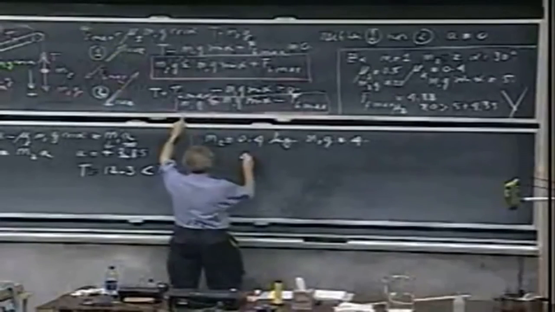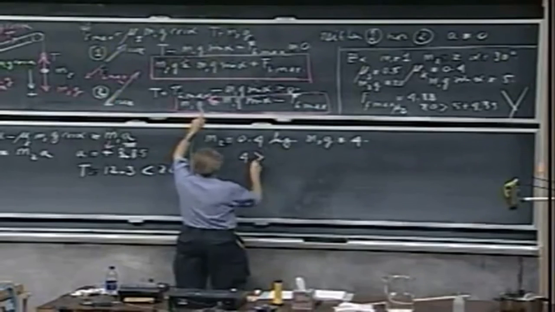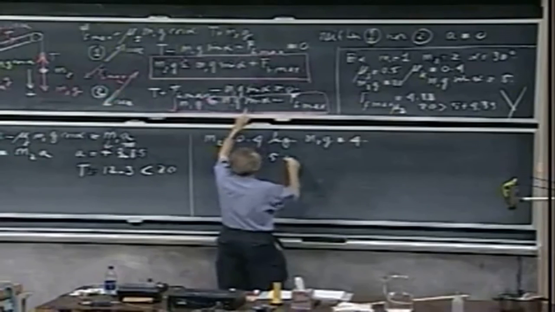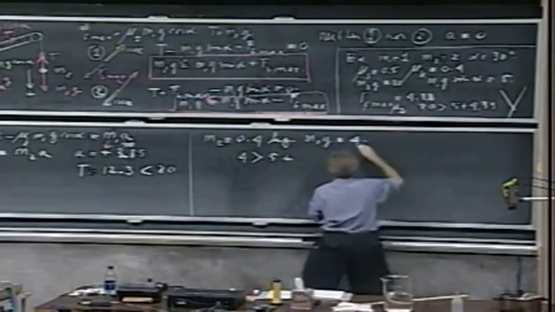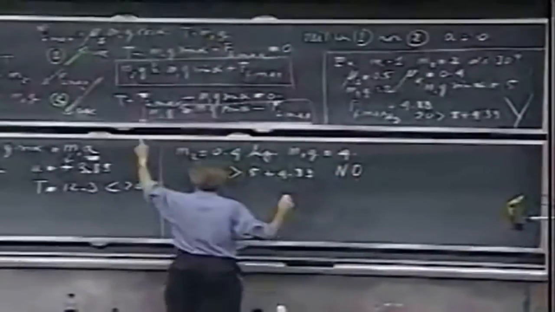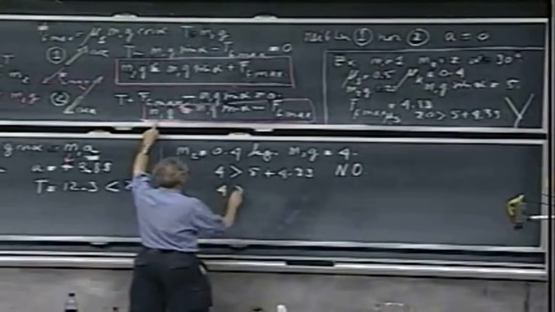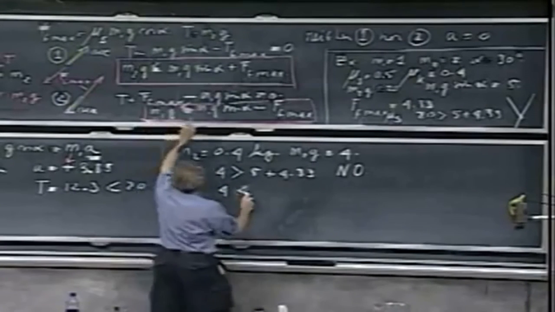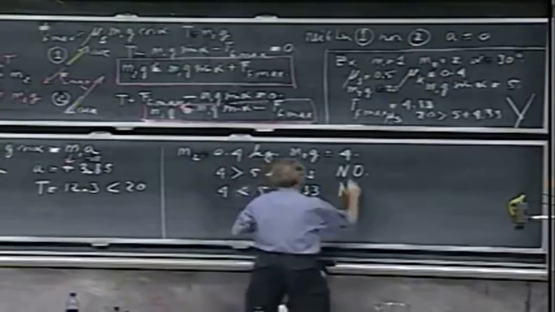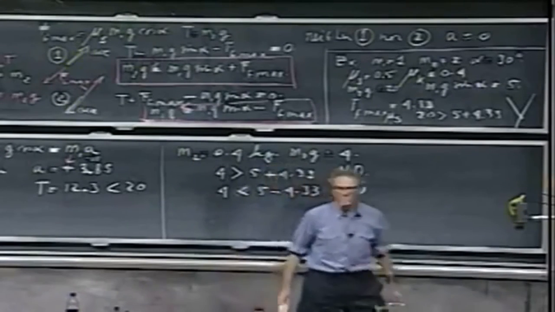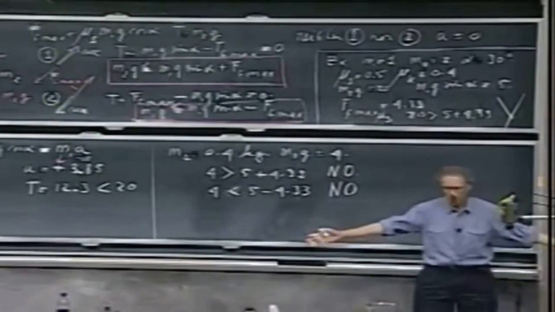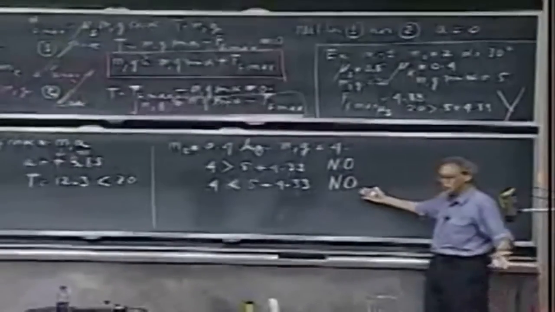Is m2g, which is 4, larger than 5 plus the frictional force static, 4.33? The answer is no. I'm going to test for my second case. Is m2g smaller than 5 minus 4.33? The answer is no. So what do we conclude? What must be our conclusion? Condition 1 is not met, condition 2 is not met.